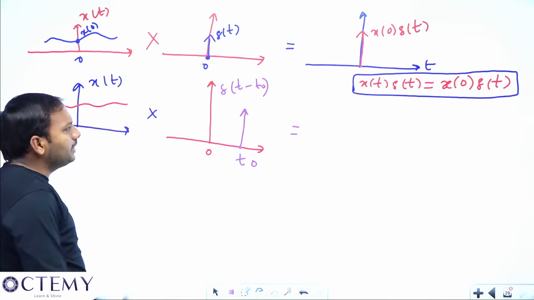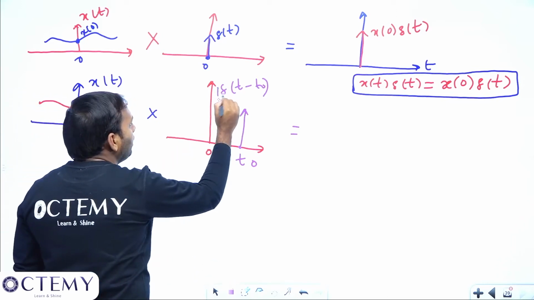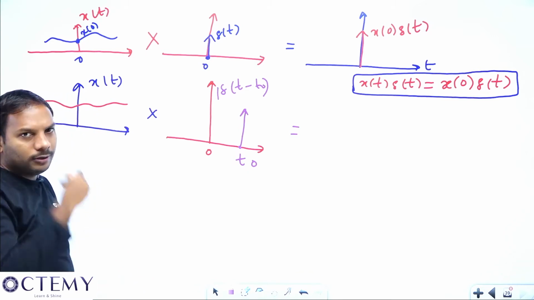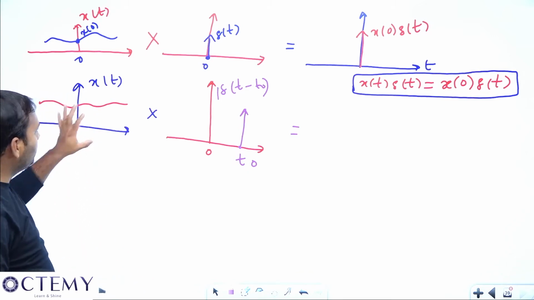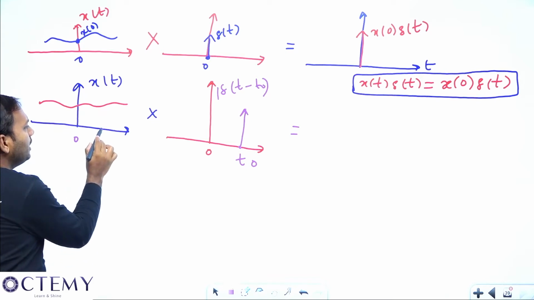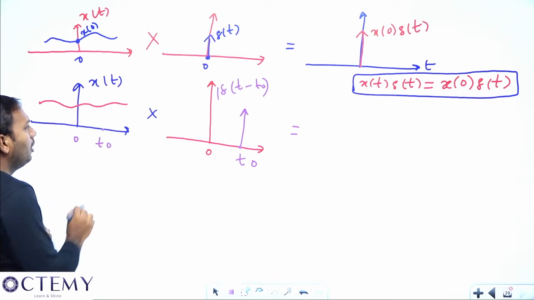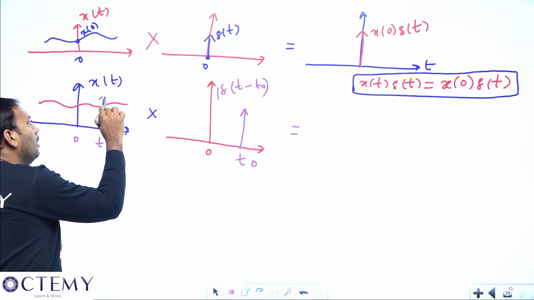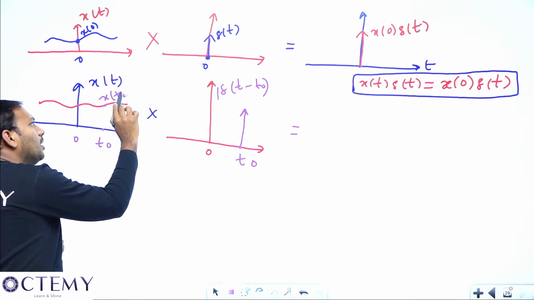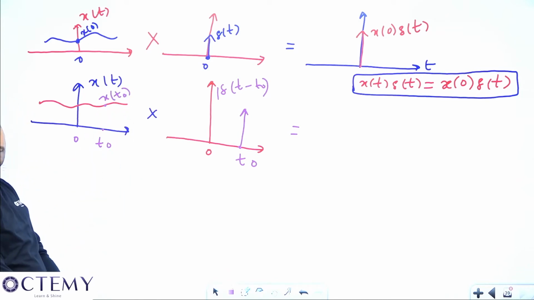Here the impulse is happening exactly at t equal to t naught. So this is x of t. Let us consider there is somewhere t naught here. So this value will be what? X of t naught. Understand clearly? X of t naught, right?